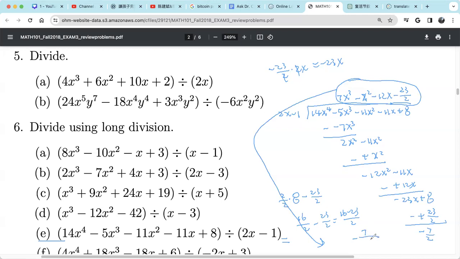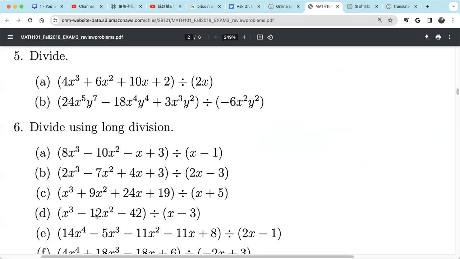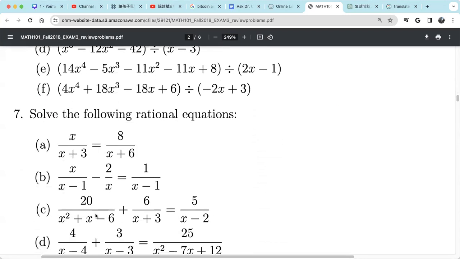The 7 over 2 times, don't forget the divisor, 2x minus 1. All right, so the quotient, then minus this, 7 over 2 times the divisor, 2x minus 1. Okay, that's E. Now let's see F.